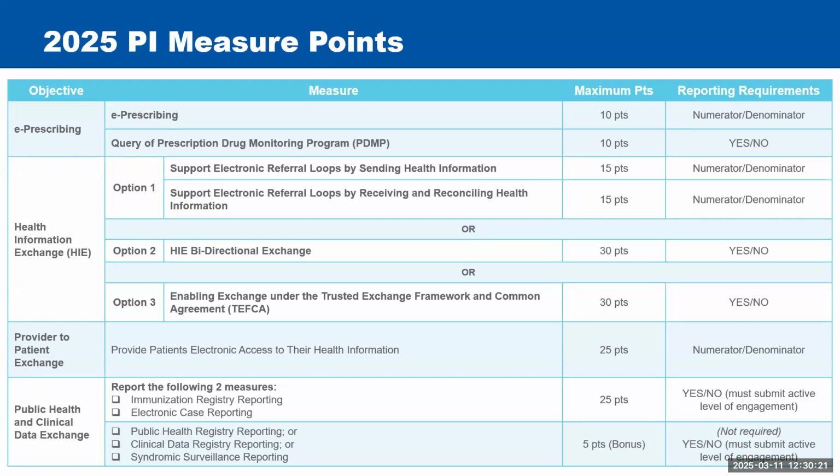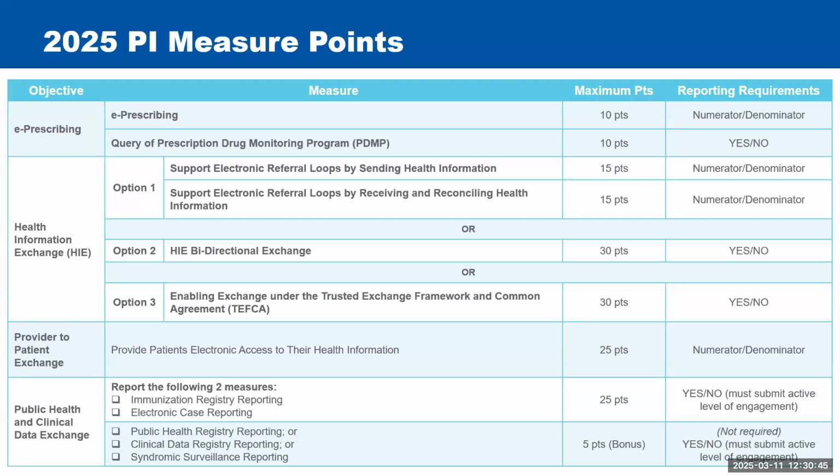To even be scored on this measure, you will need to send a summary of care record electronically for at least 1 patient. The same is true for receiving and reconciling summaries of care. Have to have at least 1 patient in the numerator to be scored. Receiving HIE requires reconciliation for medications, medication allergies, and current problems.